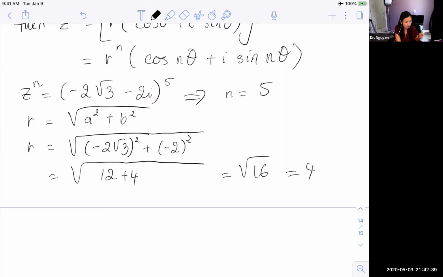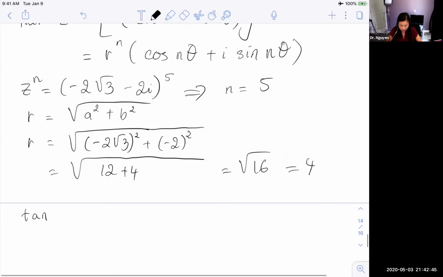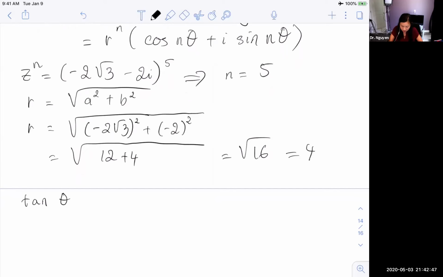Now, we need to compute theta. So how do I compute theta? Tangent. Don't forget tangent. Tangent theta is b over a. Okay, so in this case, what is b? b is -2. a is -2 radical 3. So what I have is 1 over radical 3.